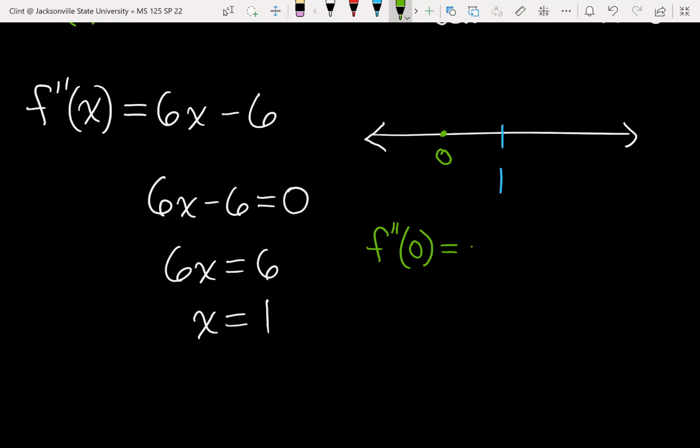So we're going to be negative. And we need to pick something bigger than 1. 2 is a good choice. If we plug that in, 6 times 2 is 12, minus 6 is positive. There's our sign chart.